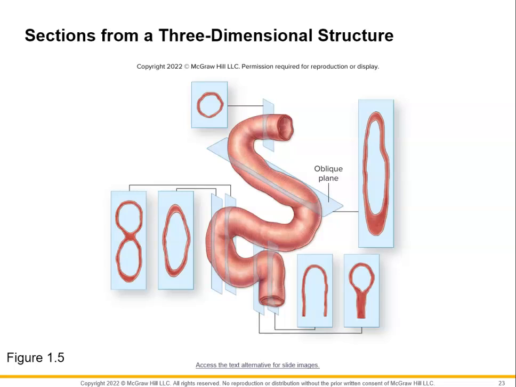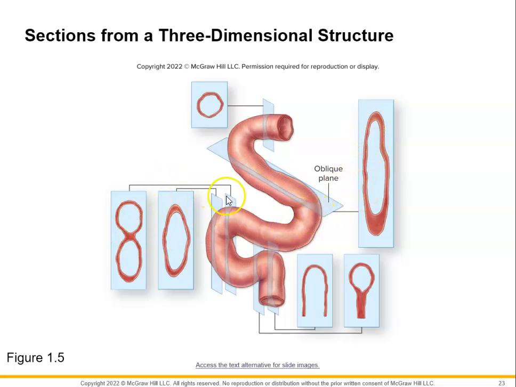So sectioning the body or organ along different planes very often results in very different views. For instance, look at this image. It's just a piece of the intestine. So here we have a section that produces just a little circle, right? Okay, well, if we run a section this way obliquely, we get a nice long oval shape.